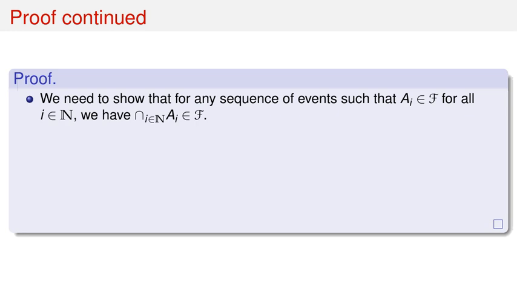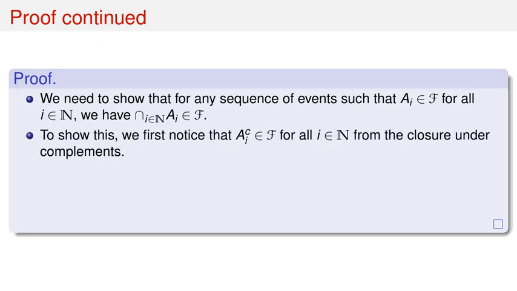Continuing the proof of properties, we also need to show closure under countable intersections. That is, for any sequence of events A_i such that each A_i is in script F for all i in N, their intersection, the intersection over i in N of A_i, must also be in script F. To show this, we first note that since each A_i is in script F, its complement A_i superscript C is also in script F due to closure under complements.